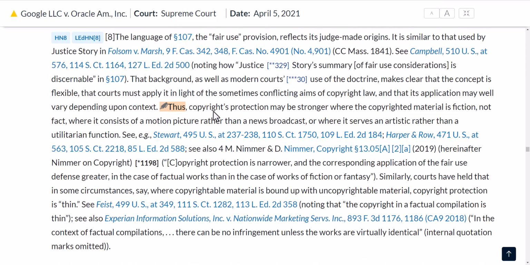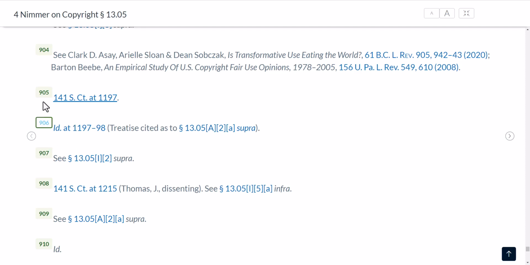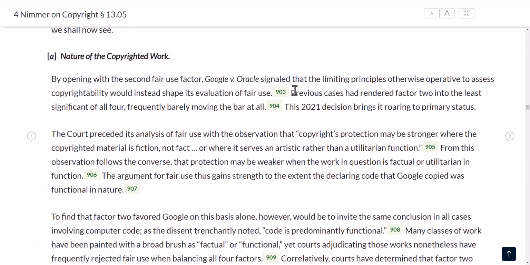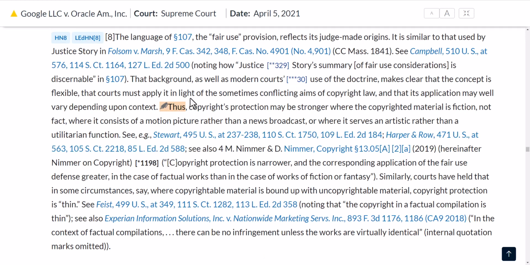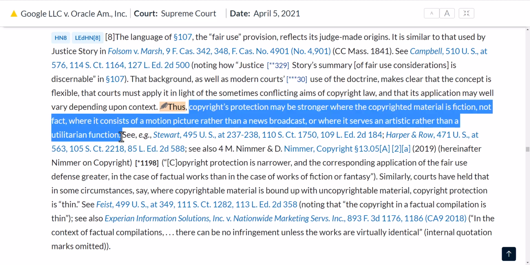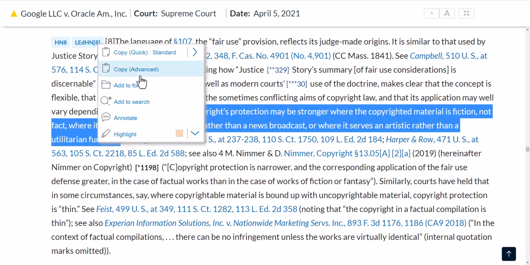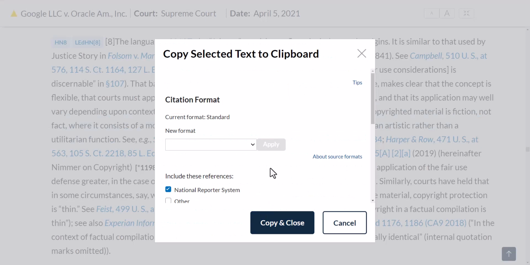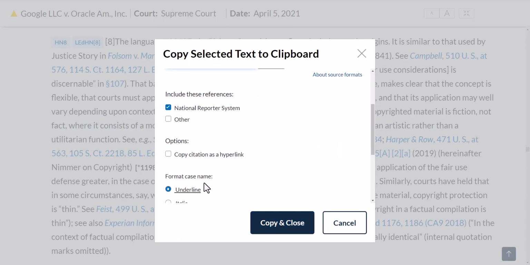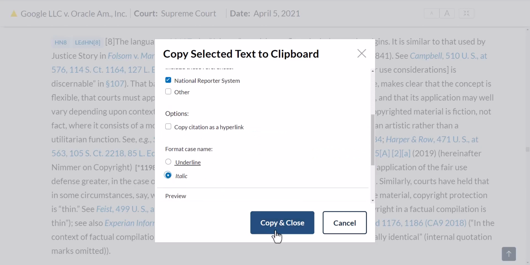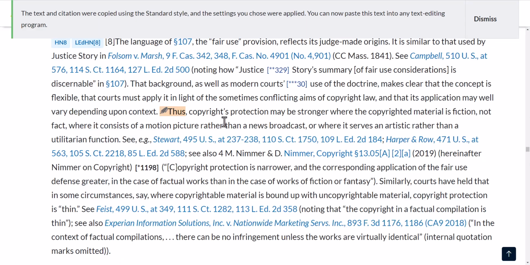Now here's that bit from the secondary source. We're looking at Nimmer on Copyright, and it was making a point that protection may be stronger where the material is fiction. That comes from this right here. What this is telling us is that when you look at this one factor, nature, it's really quite important, and the court is starting with that.